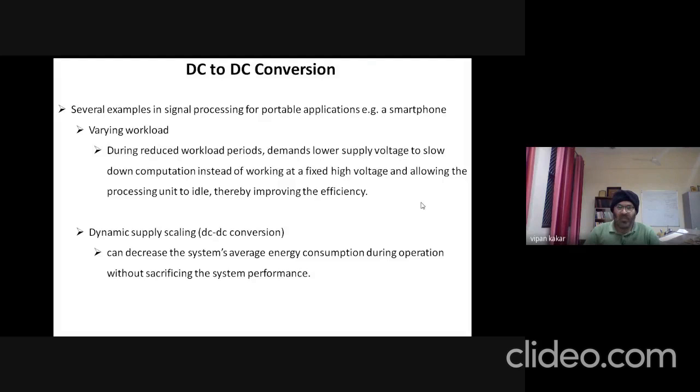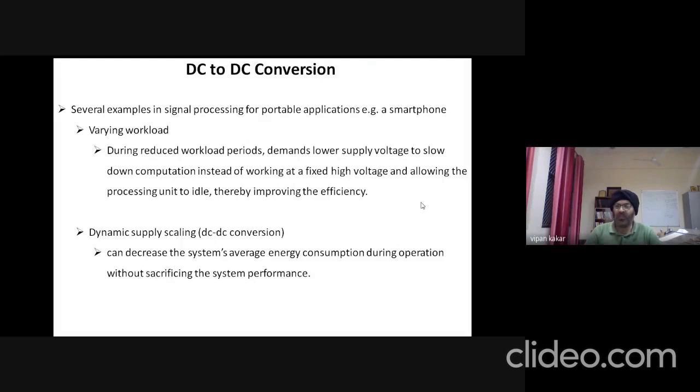So when they are sitting idle, a very, very low workload is required. They don't need to switch. They can stay in cutoff. So the power supply or voltage supply required is very low. Ideally, it should be zero, but practically a very small voltage is required.